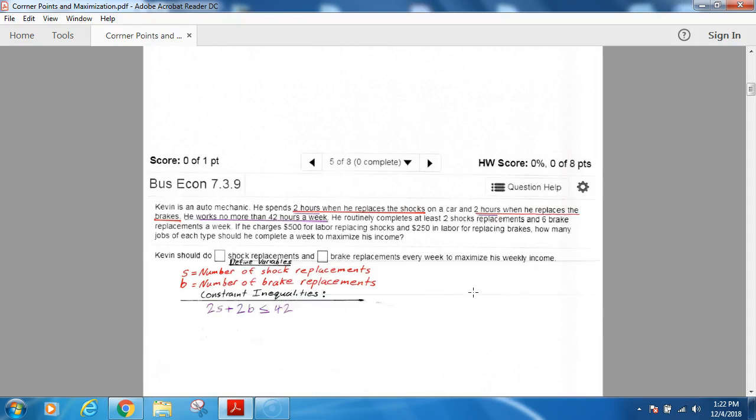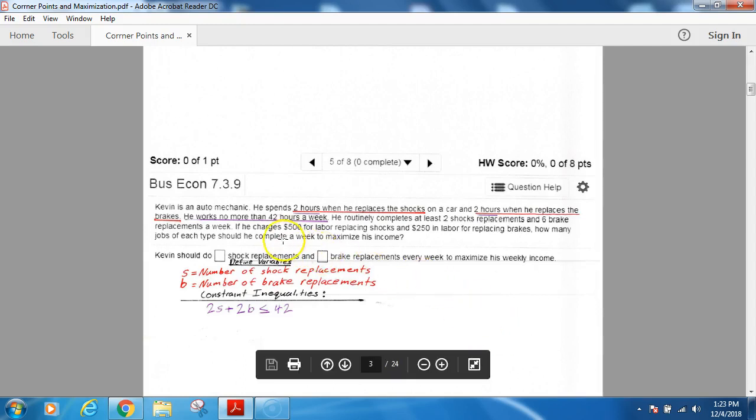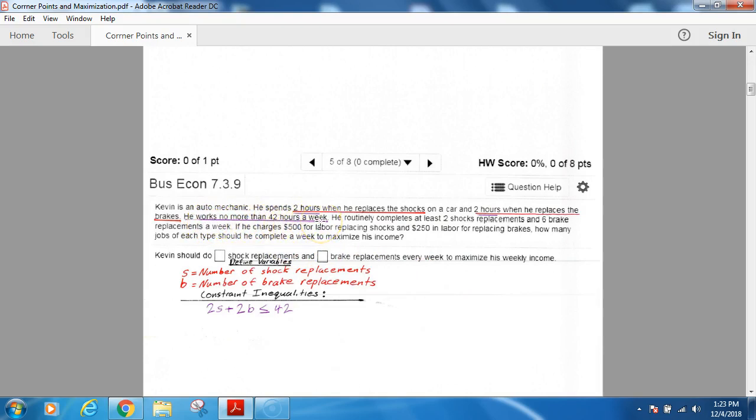All right. So for the first constraint inequality, I'm going to base it on the fact that he works no more than 42 hours a week. And we're told that it takes 2 hours when he replaces shocks and 2 hours when he replaces the brakes.